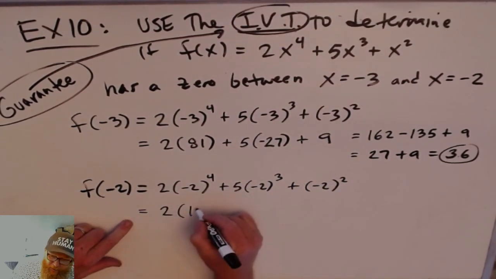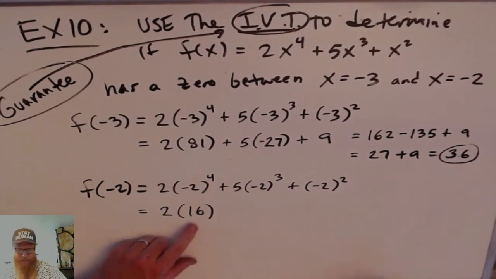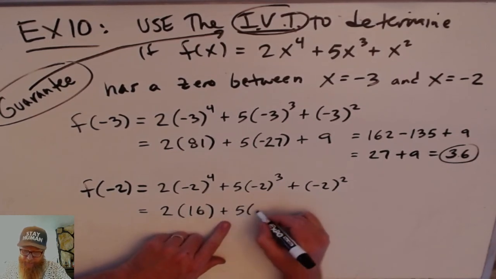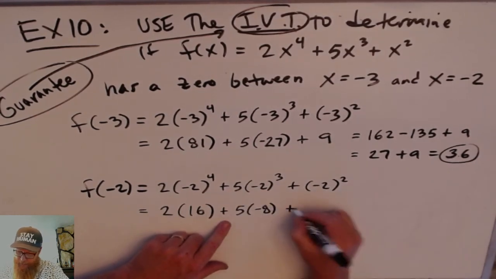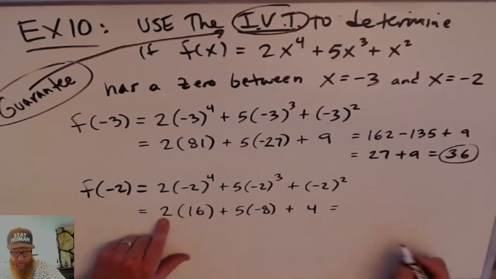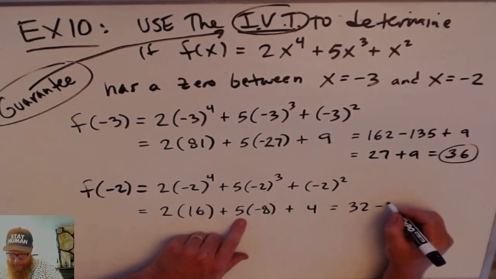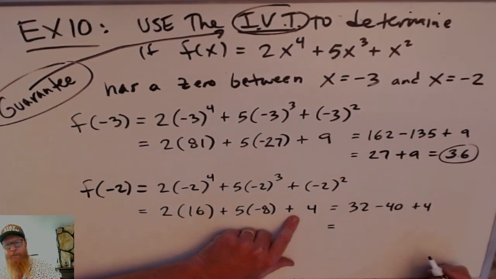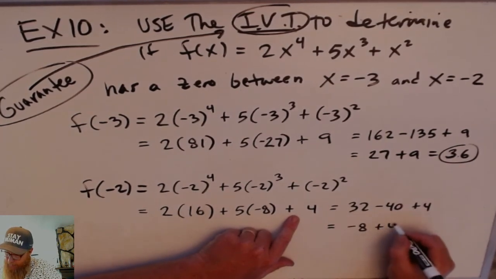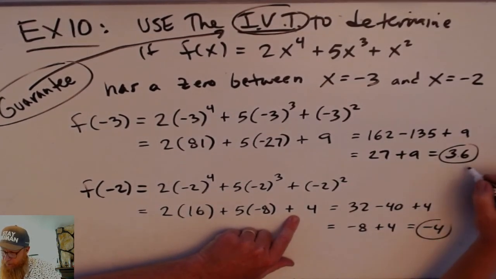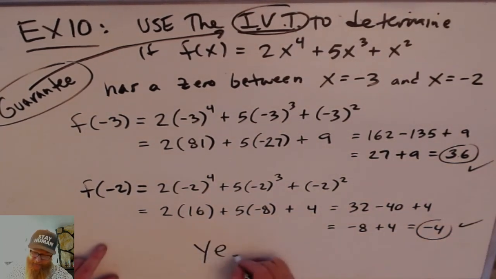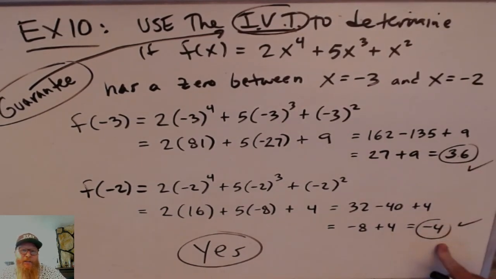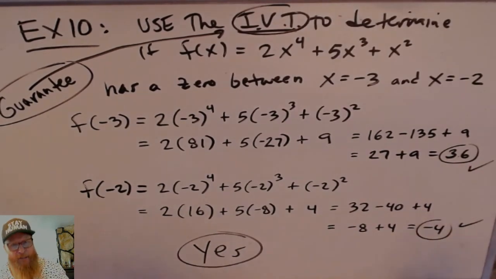So 2 times 16 plus 5 times -8 plus 4, 32 minus 40 plus 4, -8 plus 4, -4. Check, check, yes. Yeah, again, they have opposite signs. So if they have opposite signs, the answer is yes.